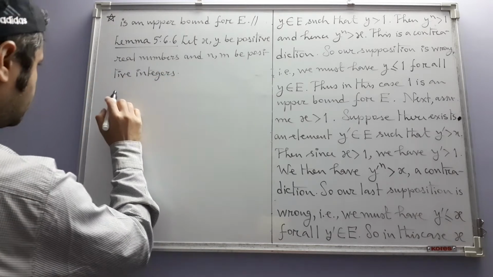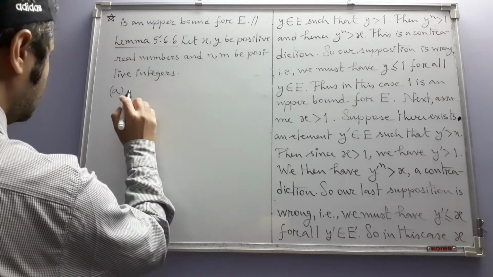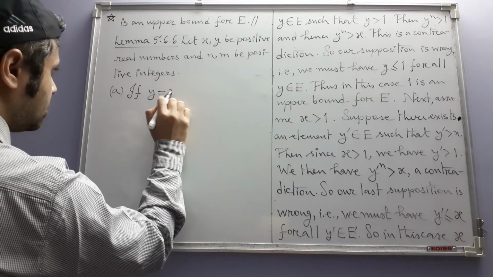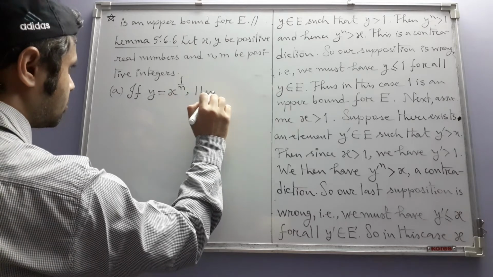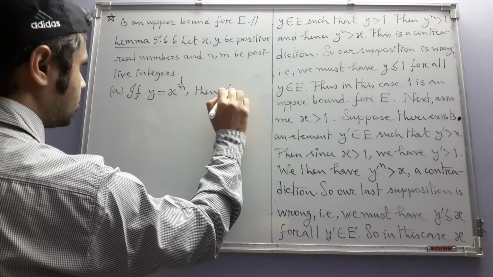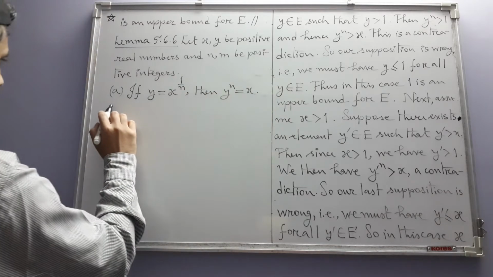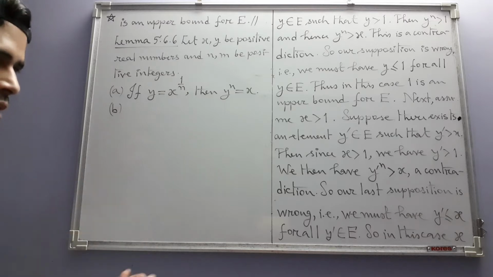Okay, then the following are true. Part A, if y is the nth root of x, then the nth power of y is x. That's what we expect of the nth root of x, and that's what happens.